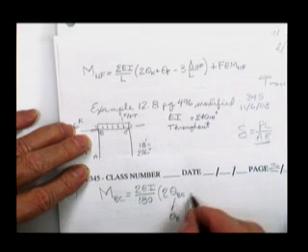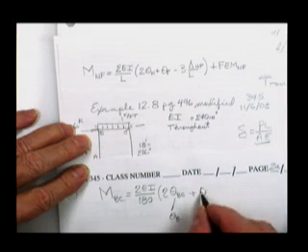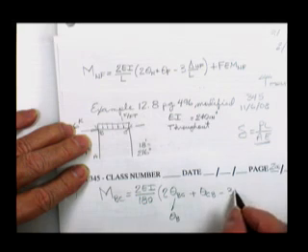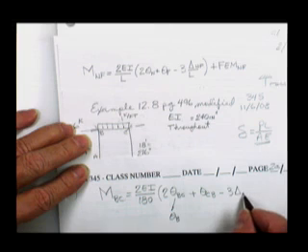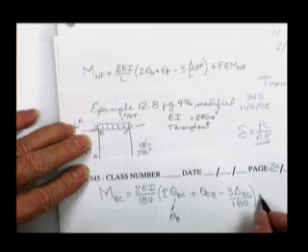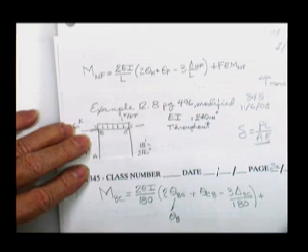Plus theta C back to B, good. Now, how about our 3 delta near to C divided by 180? Parentheses. Wait a minute. Plus whatever that moment is at that end.